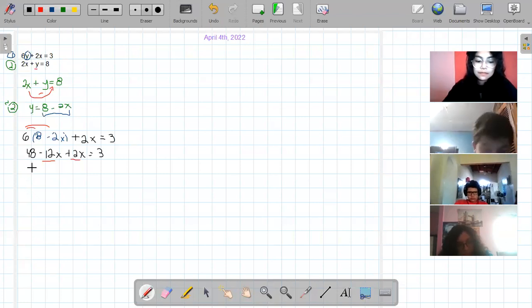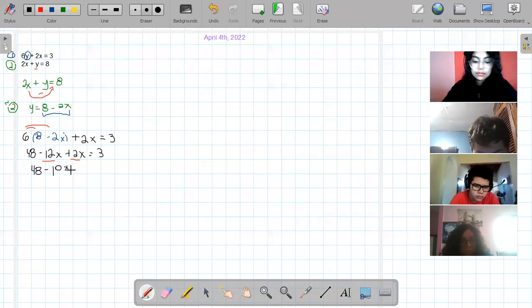So negative 12x plus 2x is negative 10x. So 48 minus 10x equals 3.